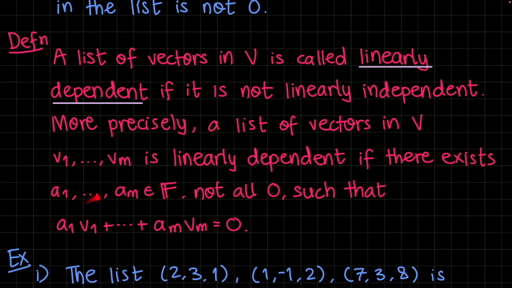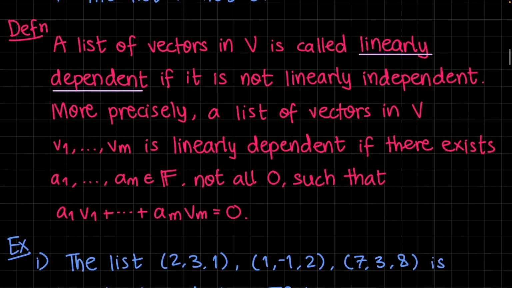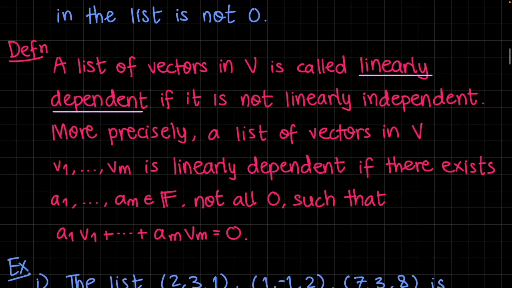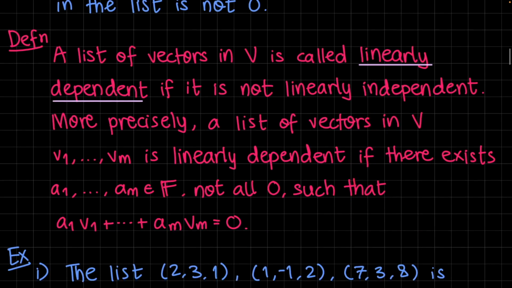So there must be at least one non-zero ai among them, such that a1 v1 plus ... plus am vm equals 0. This is, as you see, the logical negation of the definition of linear independence. For there we had that all of a1 through am equal 0. Now there exist a1 through am which are not all 0. So that is the logical negation.